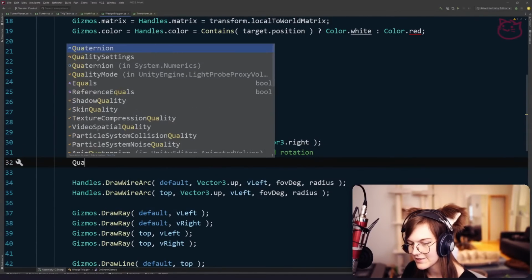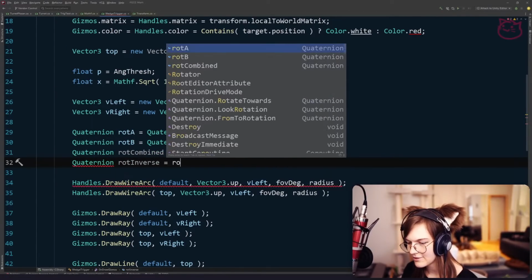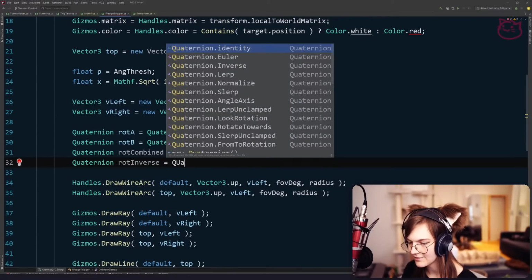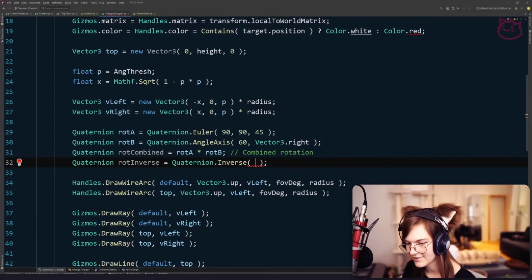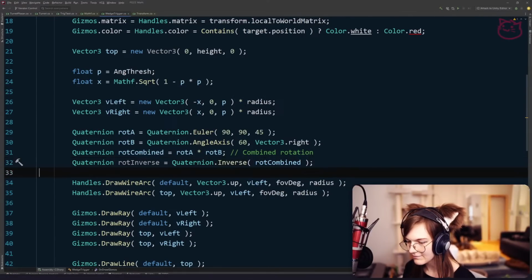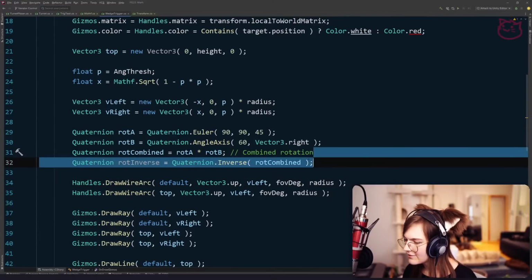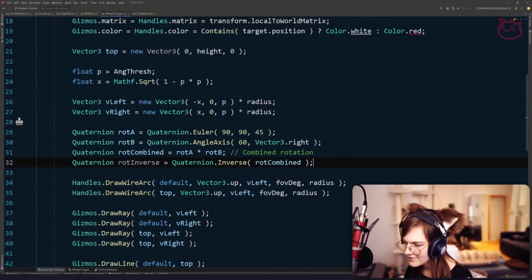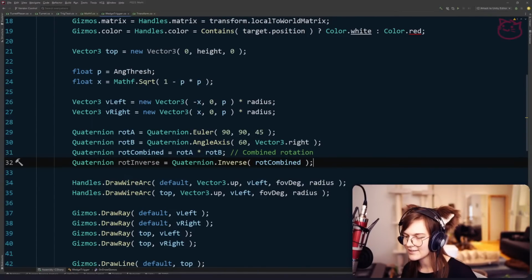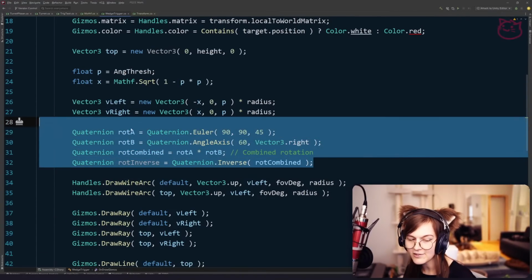Another useful thing to remember is that quaternions have inverses. So you can get the opposite of a rotation using Quaternion.Inverse. And this is basically all you need to know about quaternions in order to make use of them in game development. You can go 10 years in game development and never know how quaternions work internally, and you'll be fine.